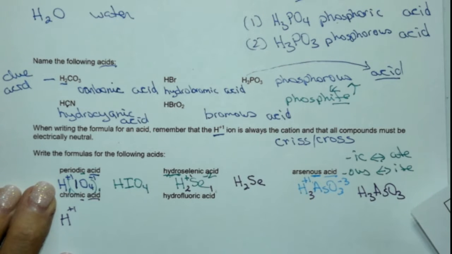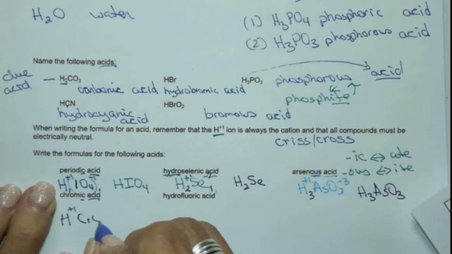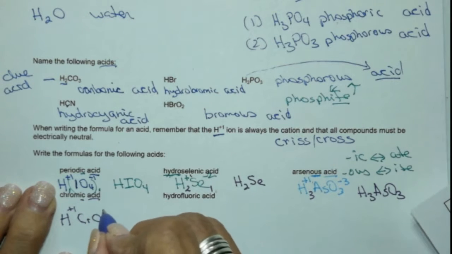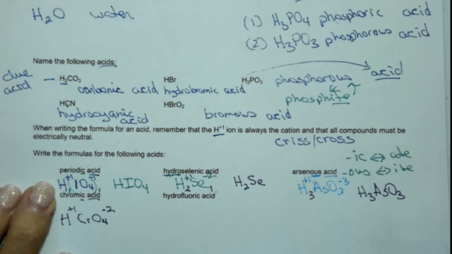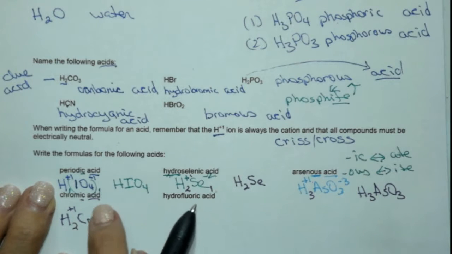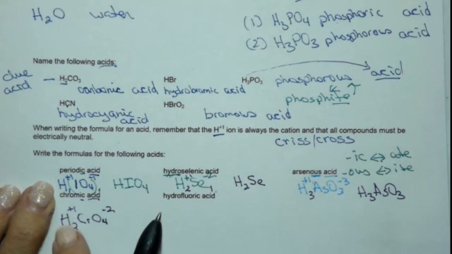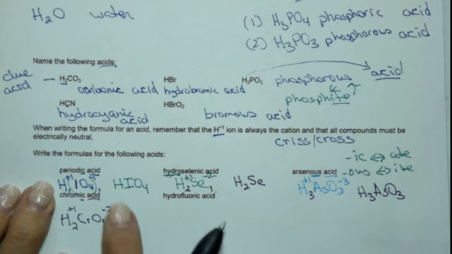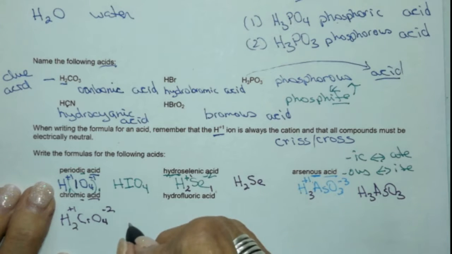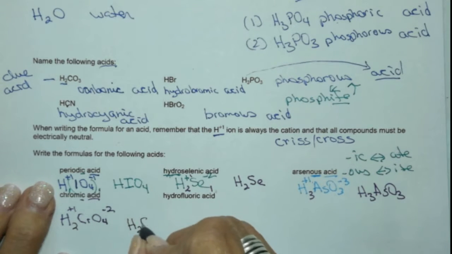Looking on my polyatomic chart, I see that chromate is CrO4 -2. Crisscross. This 2 comes here. The 1 comes outside, telling me I only need 1 chromate. I need 2 hydrogens to 1 chromate to make this compound equal 0. So final answer is H2CrO4.